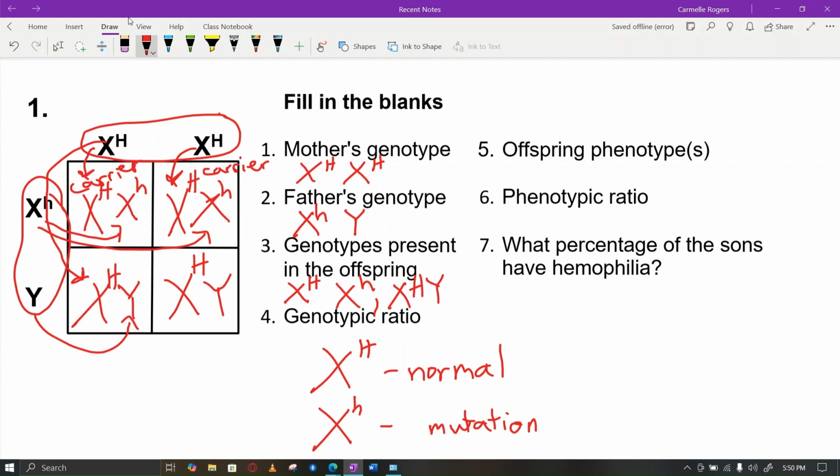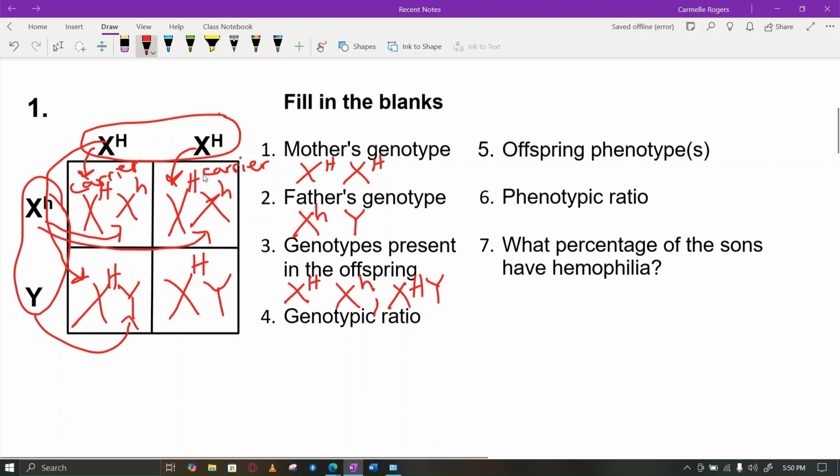The genotypic ratio would be: X capital H, X capital H, there are none of those.